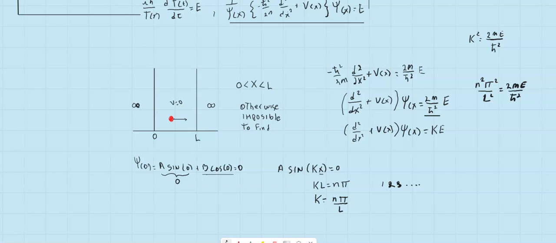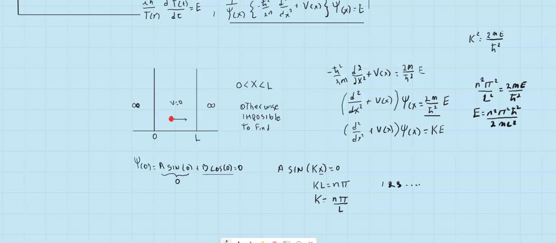So I'm going to solve for E, and this is going to be equal to n squared pi squared h bar squared over 2m L squared. And that is the energy of my particle.